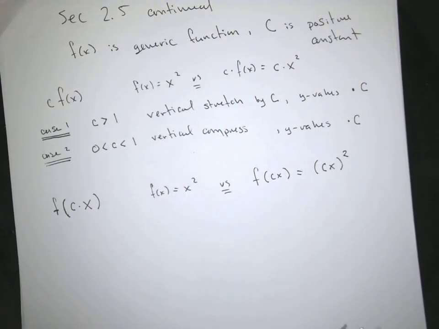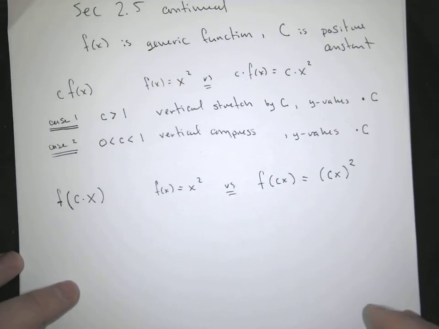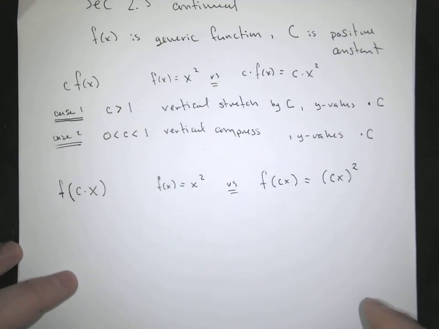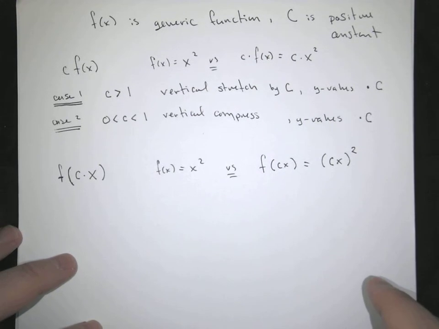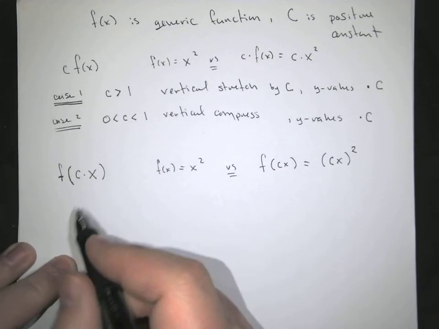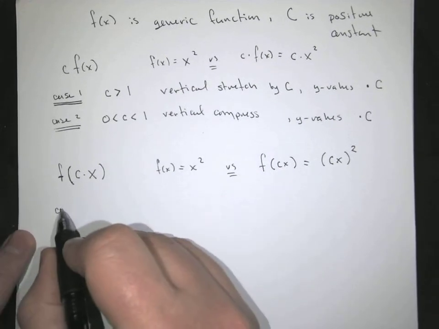If we change something inside the parentheses, we're going to affect the x's. So in this case, that's going to give us a horizontal change. We'll split this again into the same case 1, case 2.